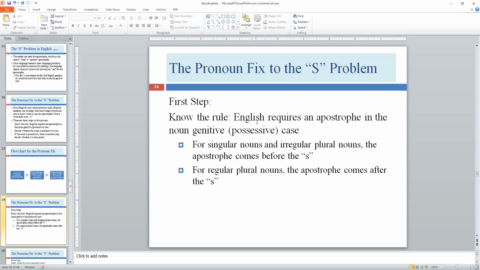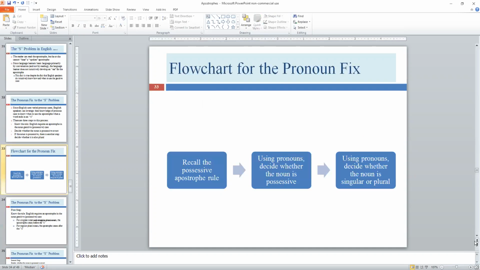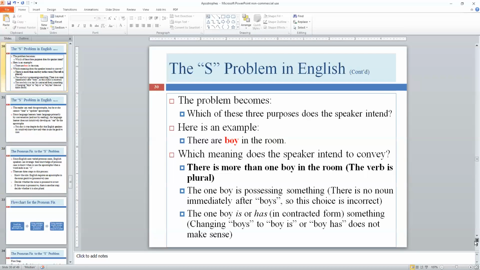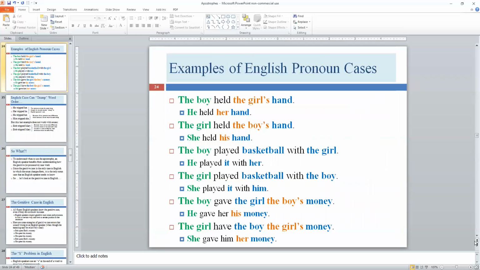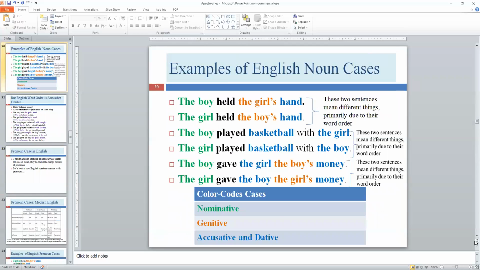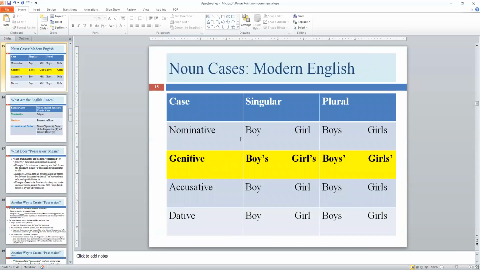I've broken down the rule a little bit more. Let's first of all consider singular nouns. When you're dealing with a singular noun, you put the apostrophe before the S. Let's go back, look at our example here. Look here, in the singular case, we do the word apostrophe S, the word apostrophe S. So that's pretty easy peasy to do.